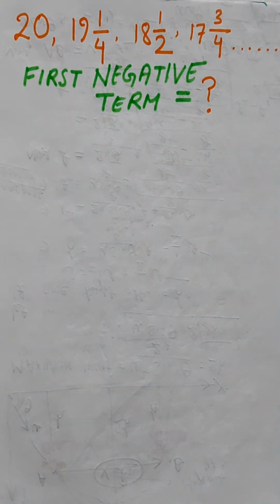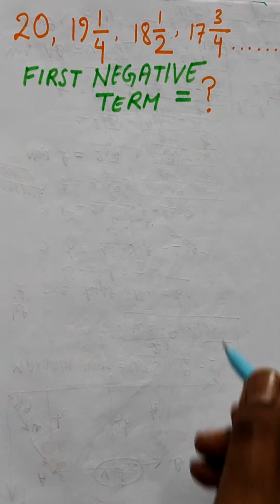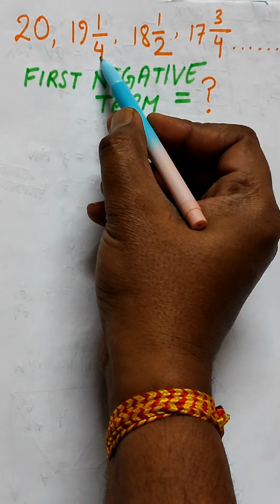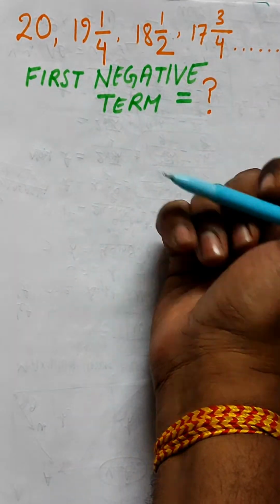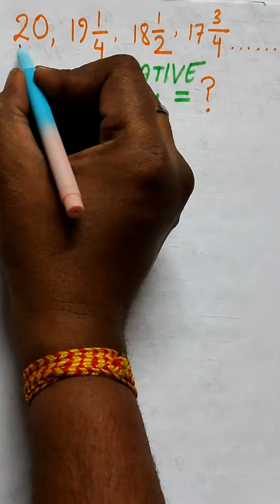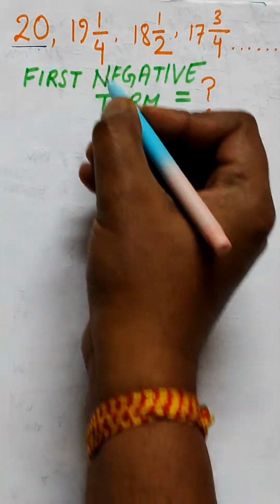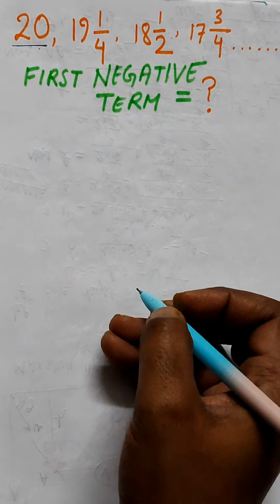So this is the question. The given series of AP is like this: 20, 19 1/4, 18 1/2 and 17 3/4. So students, see it. This 20 is the first term of that AP.